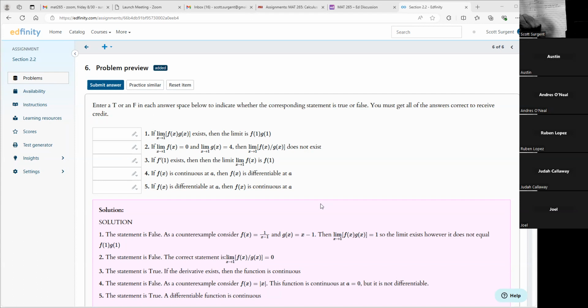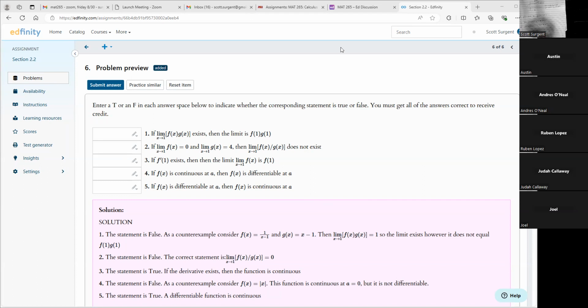Let me just put the other two down here. This is actually part 3. Part 4 is if f of x is continuous at A, then it's differentiable at A. And 5 is the other way. If f of x is differentiable at A, then it's continuous at A.